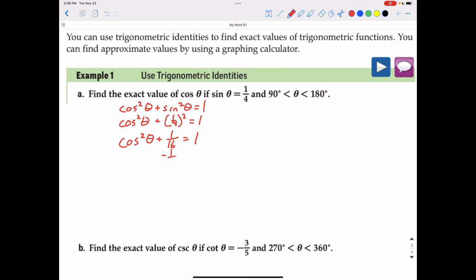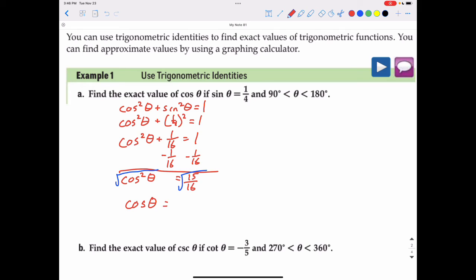I'll subtract 1/16 from both sides. So that gives me cosine squared theta equals 15/16. And then in order to solve for cosine, I'm going to take the square root of both sides. The square root of cosine squared theta is just cosine theta, which is what I'm trying to solve for.